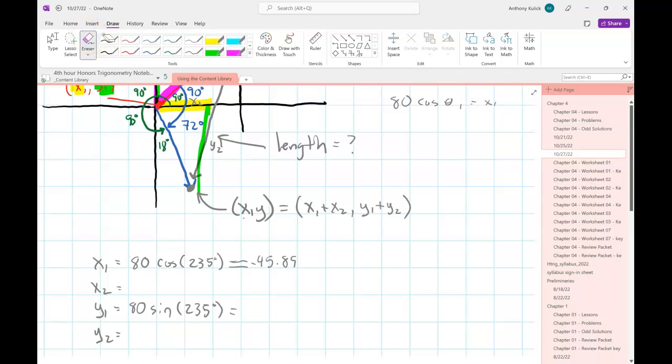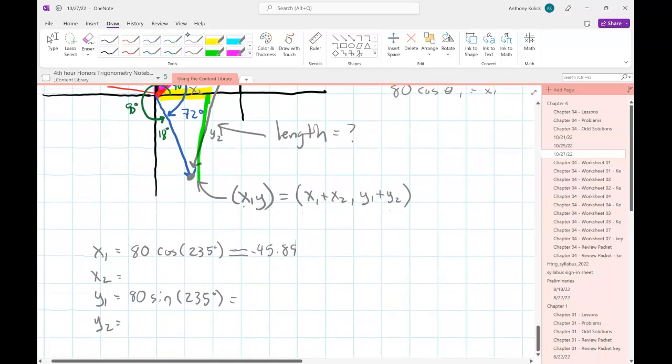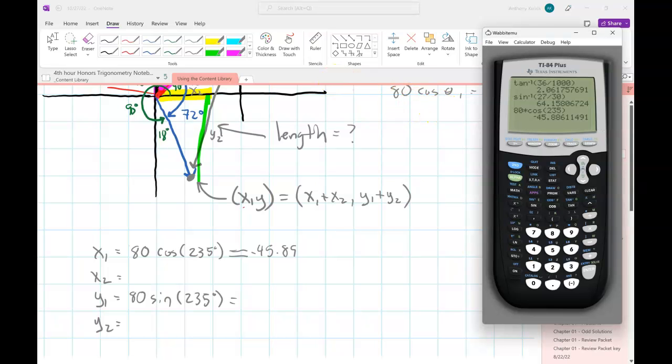I'm going to use sine. Now, how am I going to remember that? Actually, these don't have any units. On the unit circle, cosine is x. To solve for an x, I'm going to use cosine. On the unit circle, sine is y. To solve for a y, I'm going to use sine. Right? No big deal. Easy to remember.